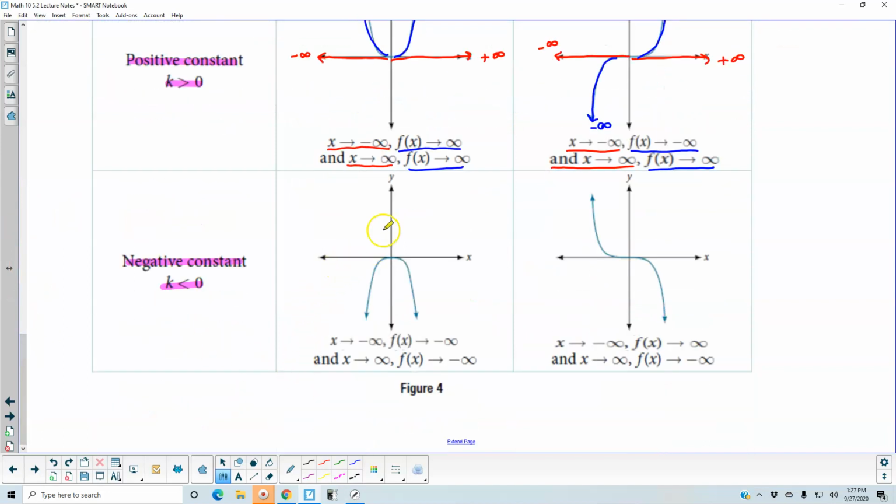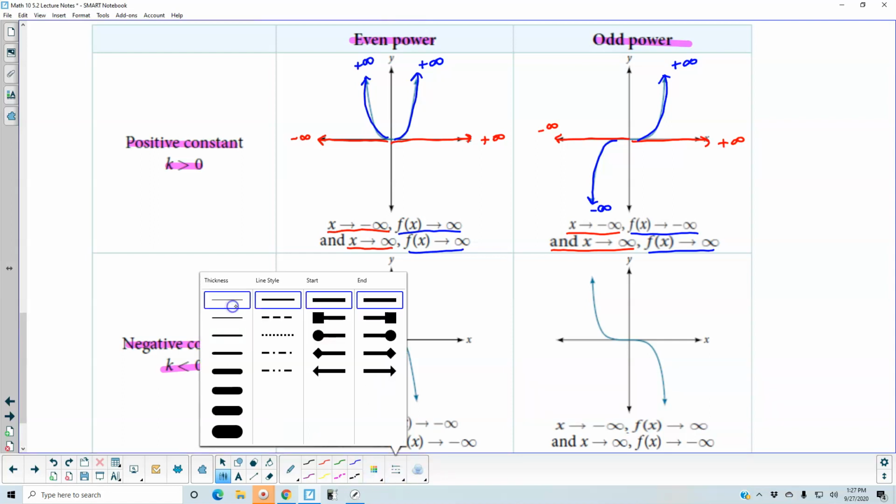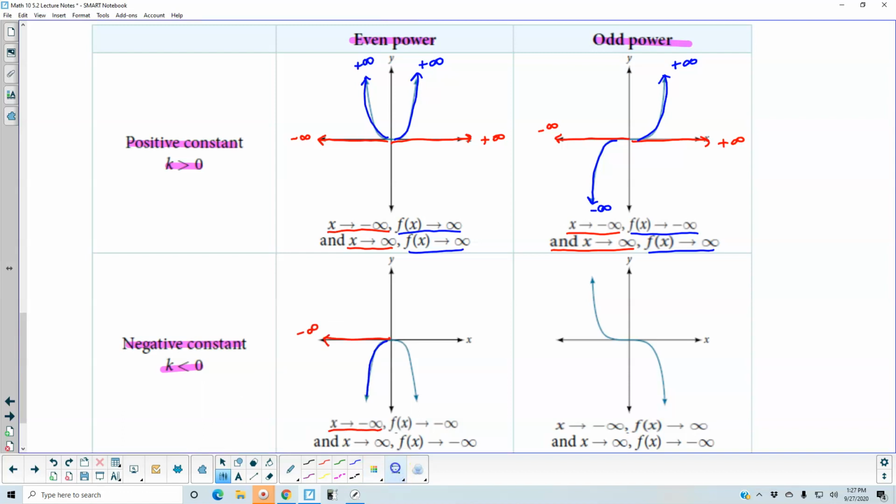Let's take a look at the next scenario, where we have an even function again. So we still have an even power function, and now it's a negative constant. What's happening is this graph is now flipped according to the negative value. So we should see that as x is approaching negative infinity, the function is approaching negative infinity.